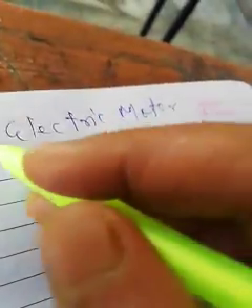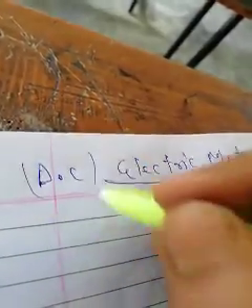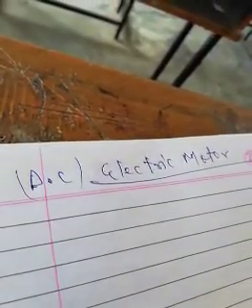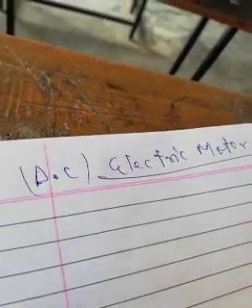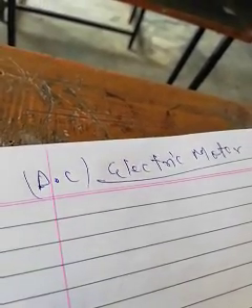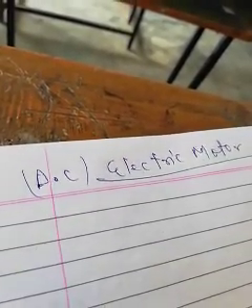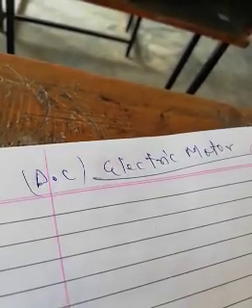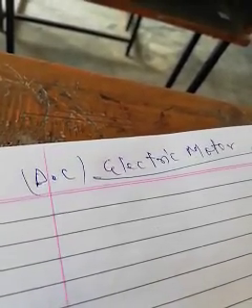When we talk about the electric motor, this is the DC electric motor. What is a DC electric motor? What is its principle, construction, and uses? We have to understand those things.